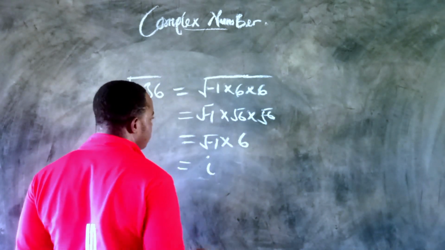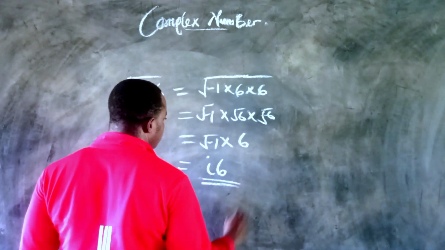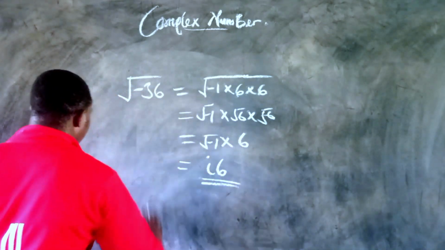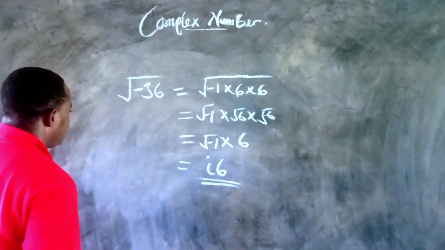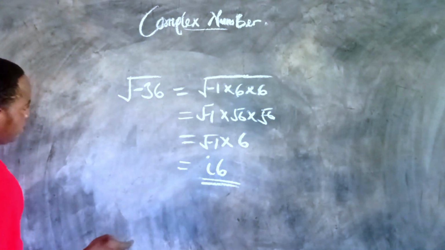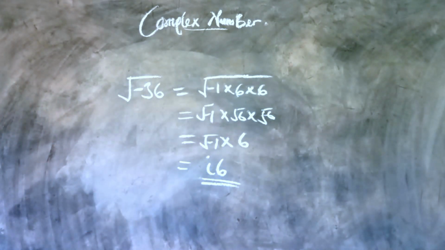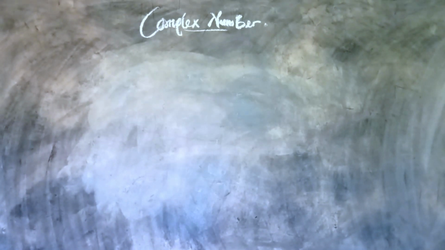And where square root of -1 is imaginary, so you have imaginary 6, i6. And that is the value of the square root of -36. So, this area in mathematics allows us to study complex numbers and know how to manipulate them.